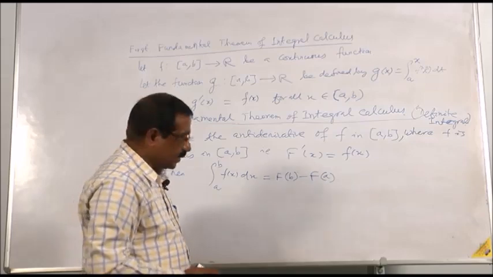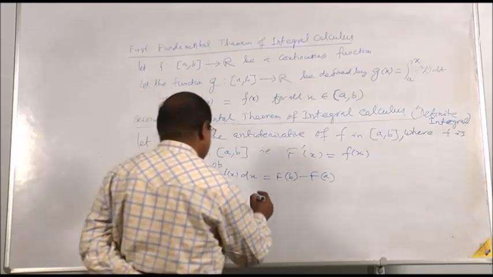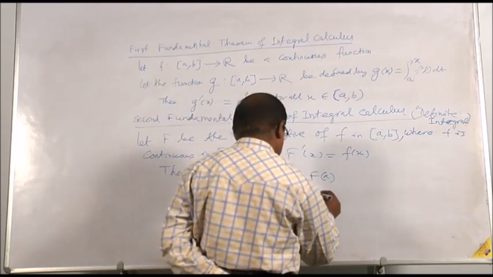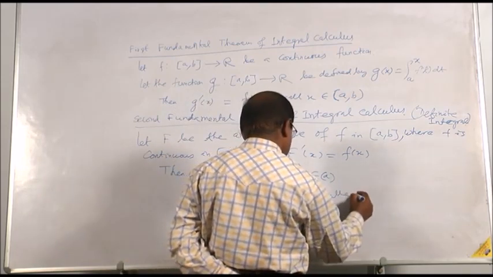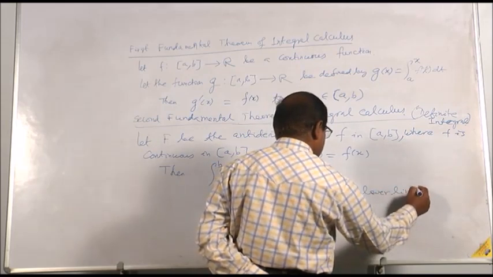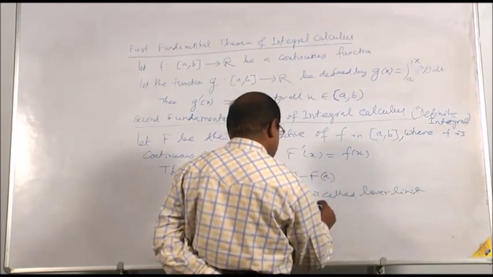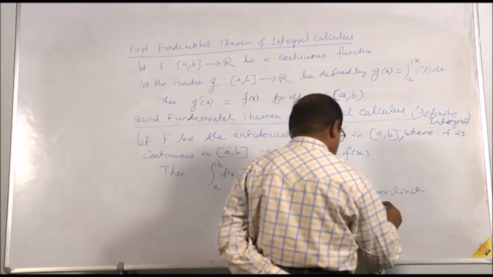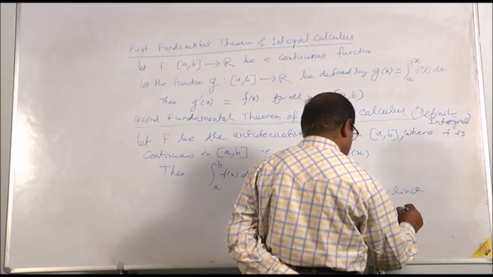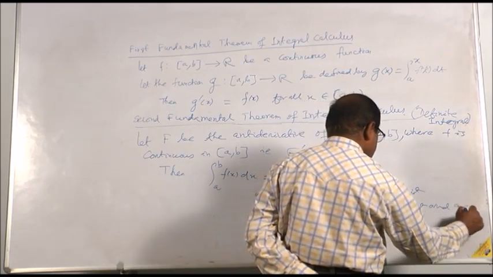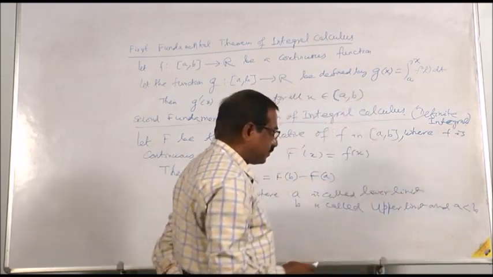Here a is called the lower limit, b is called the upper limit, and obviously a is less than b.